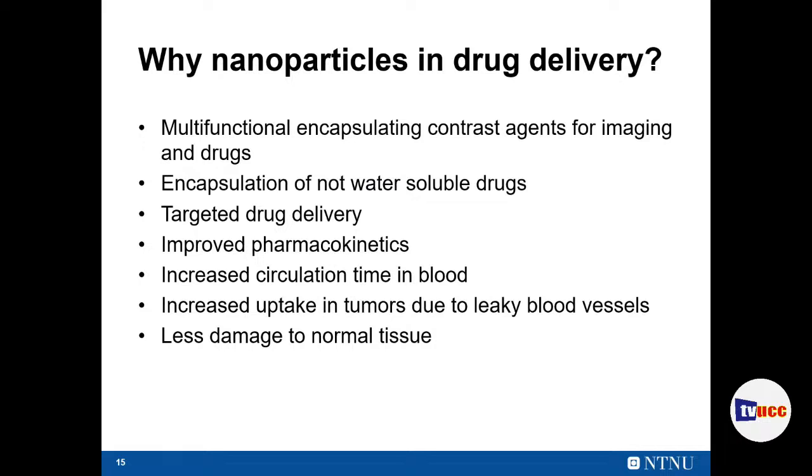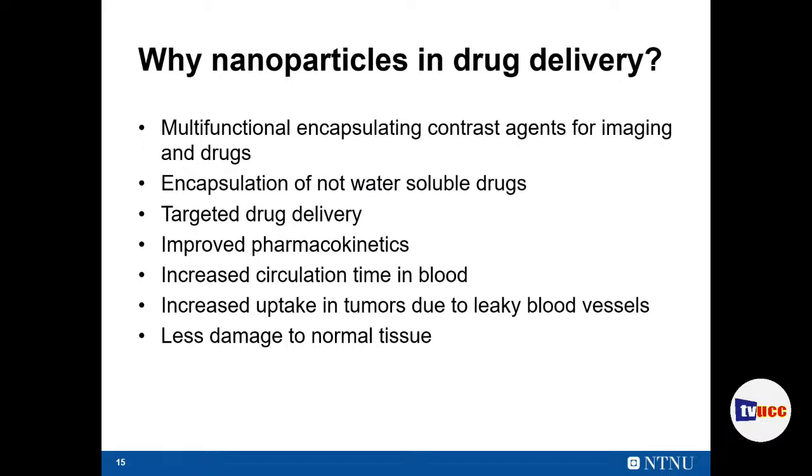Then we will have an increased uptake of nanoparticles in tumors due to leaky blood vessels. Because when the tumor cells are growing, the tumor is not really able to make a good functional vascular system.